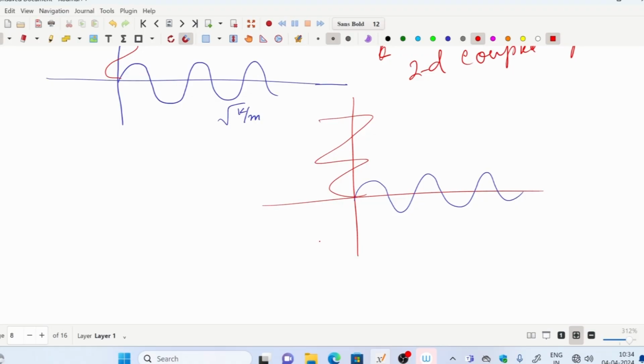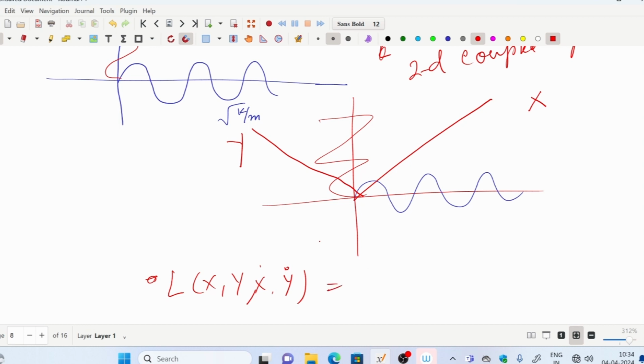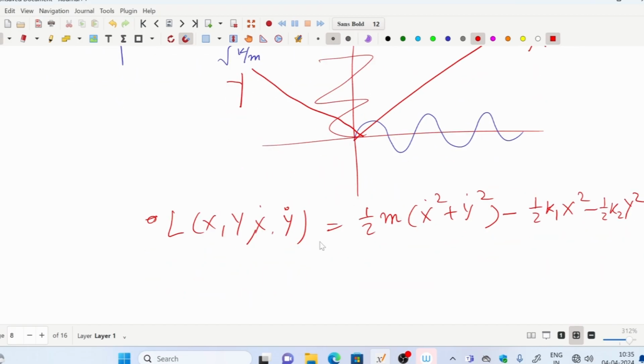Suppose we find not x and y directions, but say capital X and capital Y directions, in such a manner that my Lagrangian in terms of capital X, capital Y, X dot, Y dot will be half m (X dot square plus Y dot square) minus half k1 X square minus half k2 Y square. Now you have different frequencies, k1 and k2.